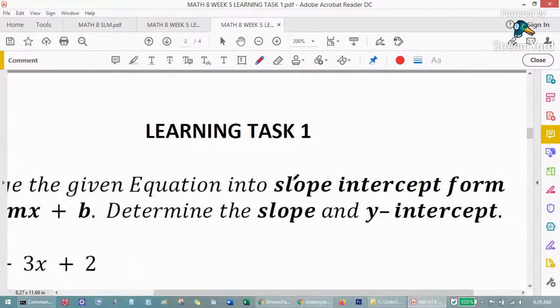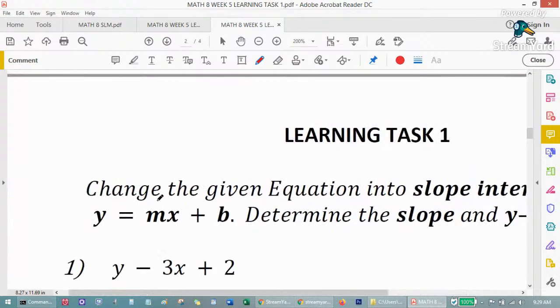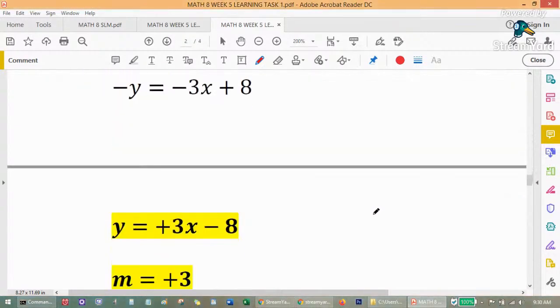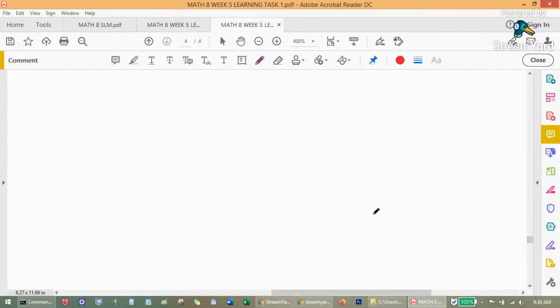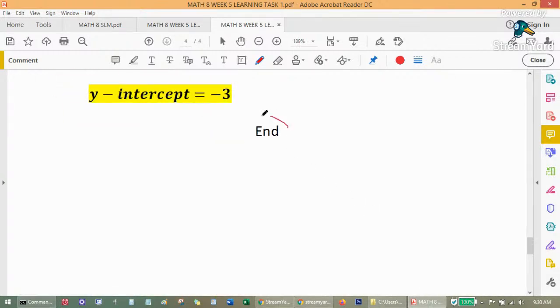Okay, so that's the slope intercept form. Ito yung slope and this is the y-intercept. Okay, so that's the end.